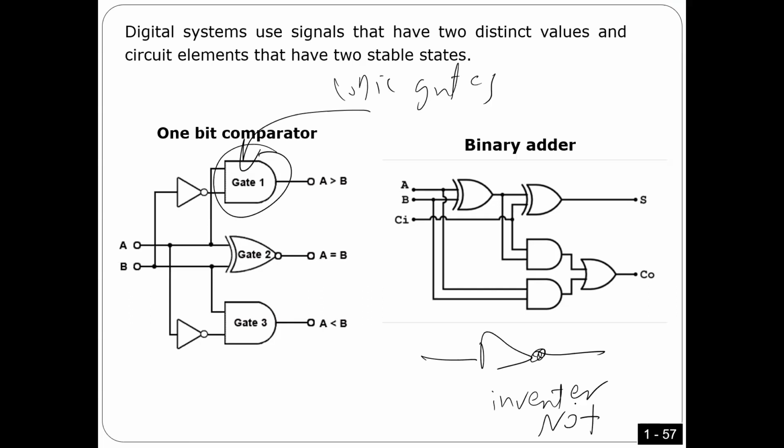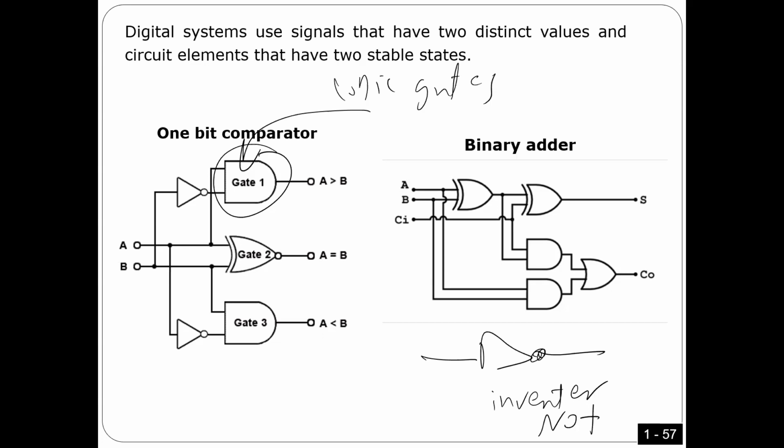But I want you to understand, behind this gate there is electronics. It's outside the scope because our focus here is only on ones and zeros. But you should understand, for every gate we have here, there is an electronic circuit that can do the operation we're doing here in logic, in ones and zeros.